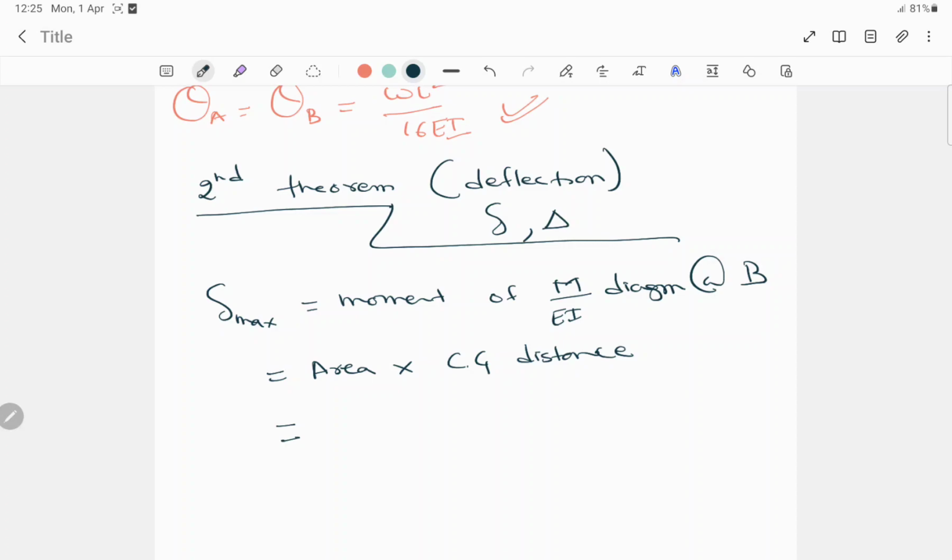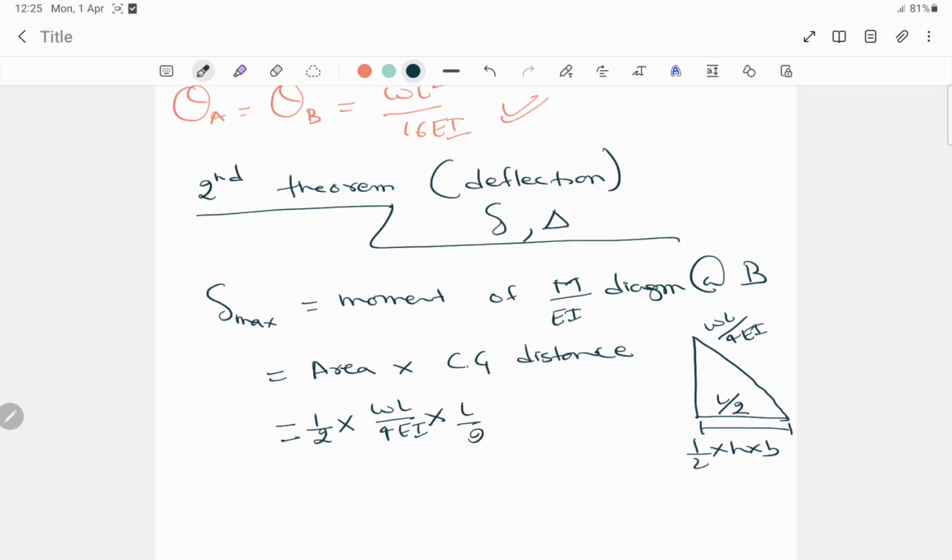Moment is nothing but area into CG distance. The area for this triangle is half into h into b, so half into WL by 4 EI, into the base L by 2.